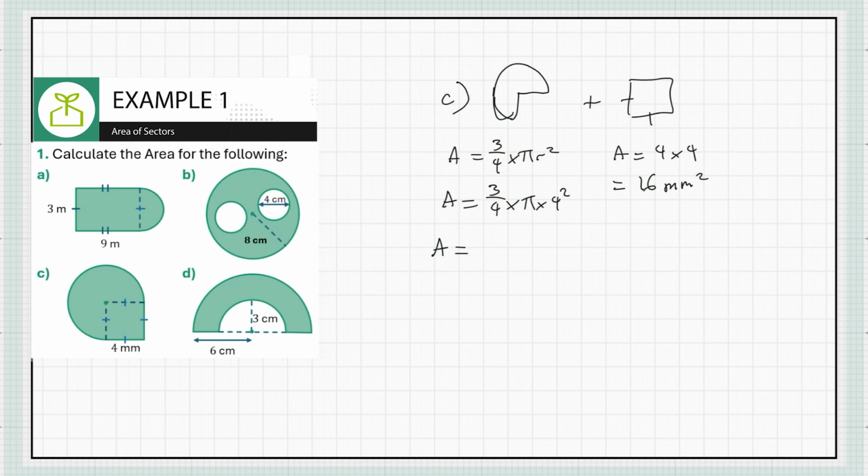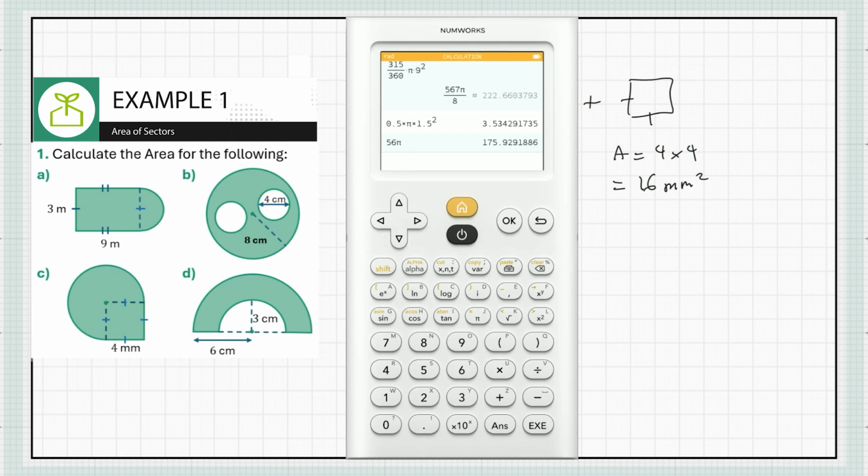So let's do that now. 3 divided by 4 multiplied by pi multiplied by our radius, which is going to be 4 squared, and hit execute. Now another way you could have done this is to do 0.75 multiplied into pi instead of 3 over 4.